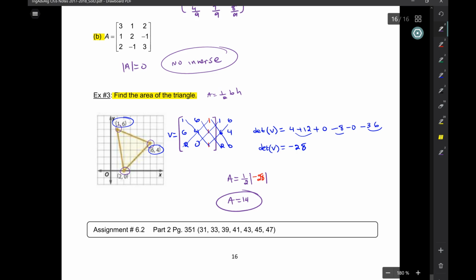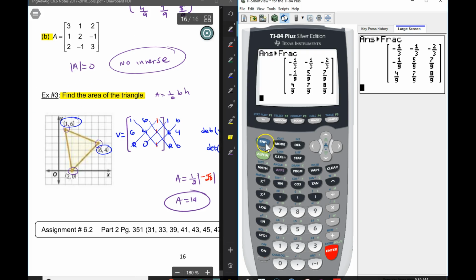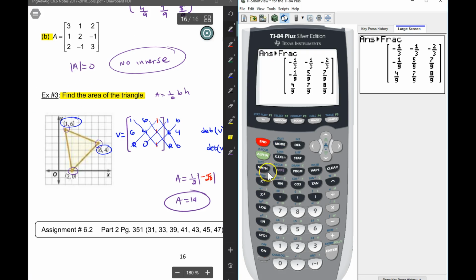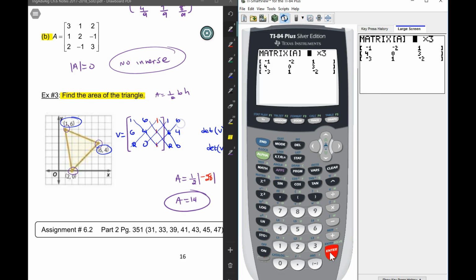Okay? Now, if this was on a calculator part, you're more than welcome to put that in your calculator. Unit squared. It's just part of the formula. Area is 1/2 the absolute value of the determinant. So you can put that in your calculator and you will get the same exact answer, right?